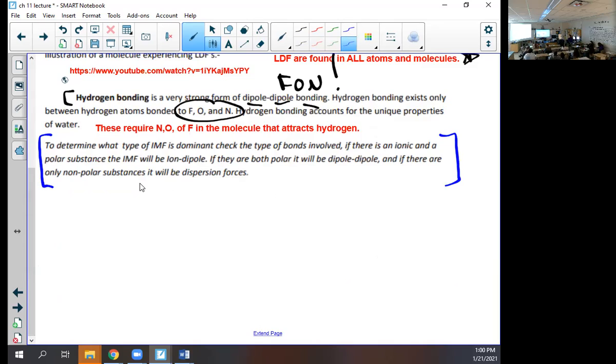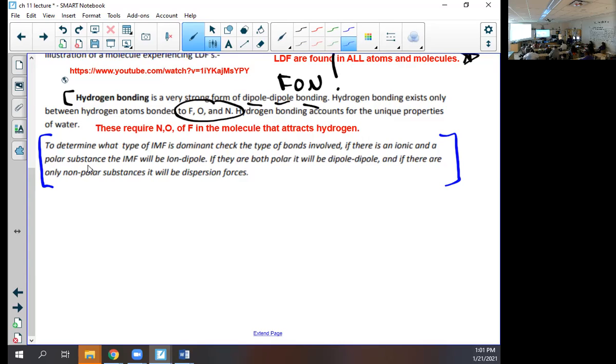All right. Here we go. This part right here cannot be understated. You will have to do this on your test. To determine what type of IMF is dominant, check the type of bonds involved. If there is an ionic and a polar substance, the IMF, or the most important intermolecular force, would be the ion-dipole. If it's polar, it will be dipole-dipole.